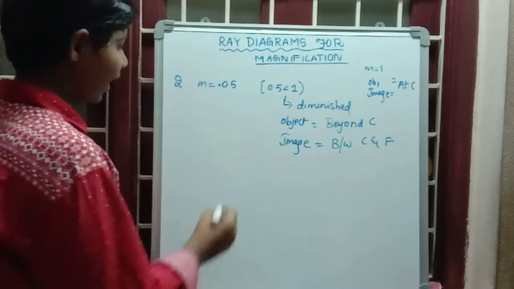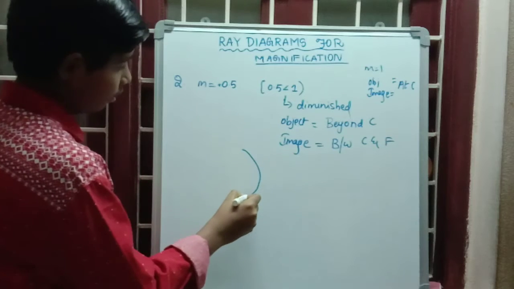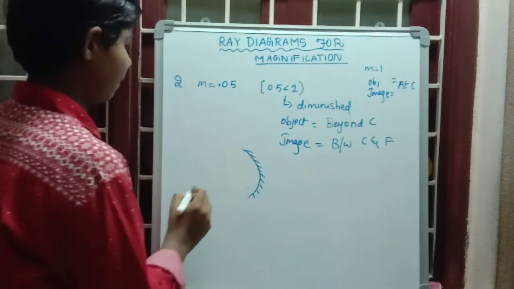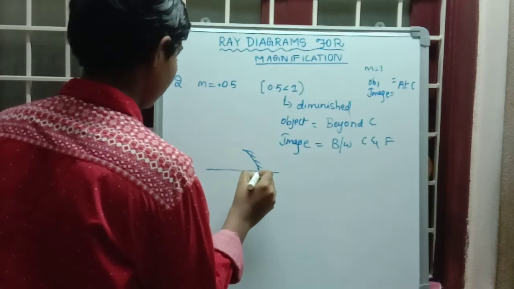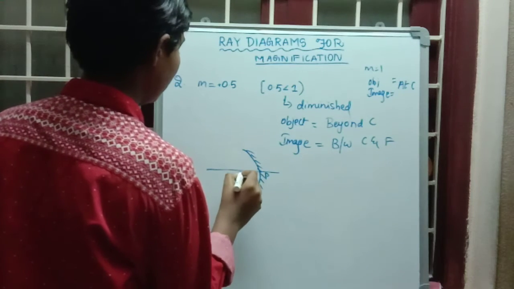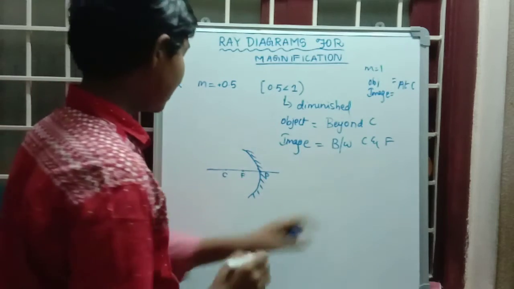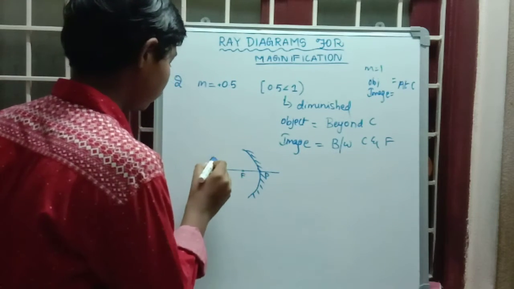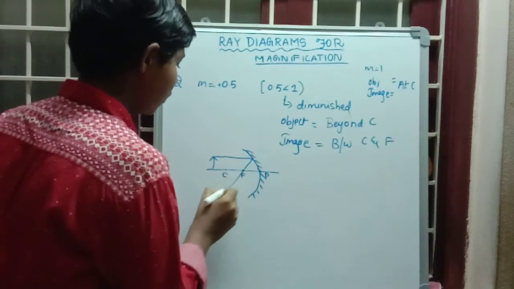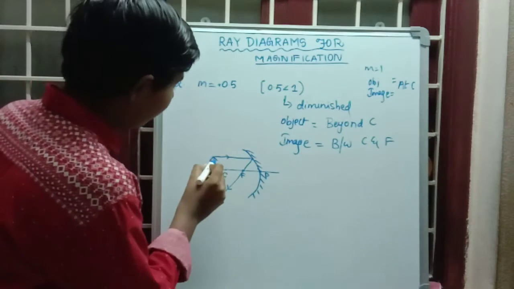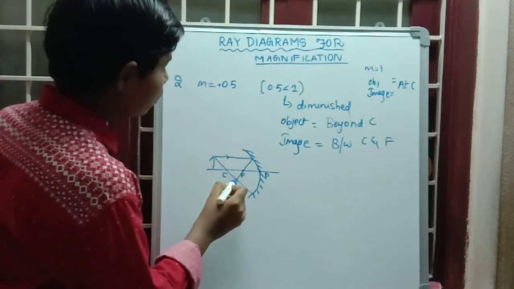So let's draw the ray diagram. This is a concave mirror, focus, principal axis, pole point P, focus and center of curvature. Object beyond C. One ray is parallel to the principal axis, passing through the focus. The second ray passes through the center of curvature.